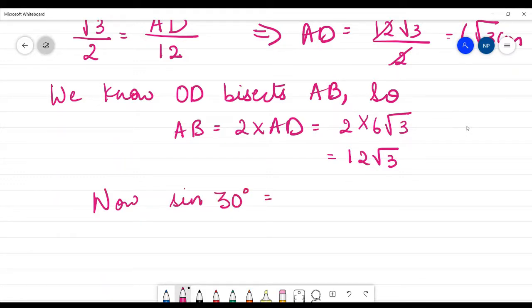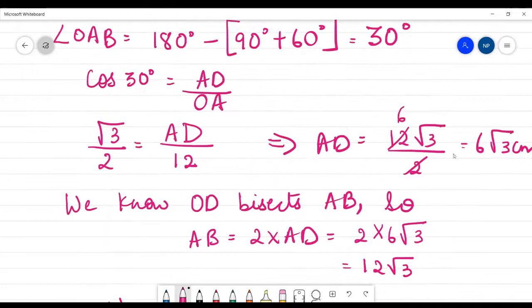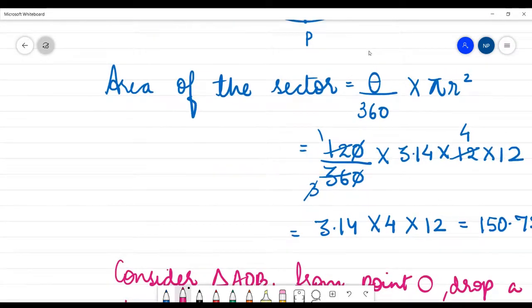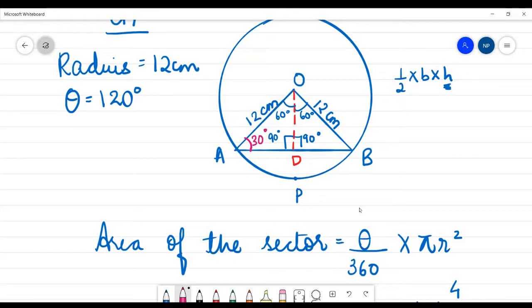Sine 30 degree, we are going to write it as OD upon OA. Why OD upon OA? What is the trigonometric ratio of sine theta? If you see over here, it is written OD and OA. That means perpendicular upon hypotenuse.